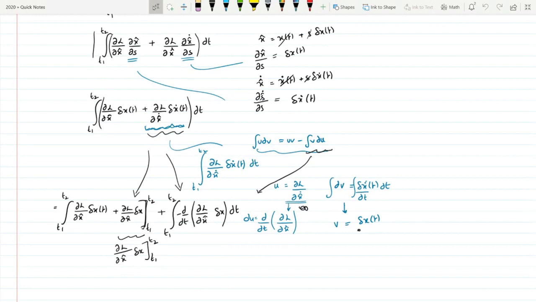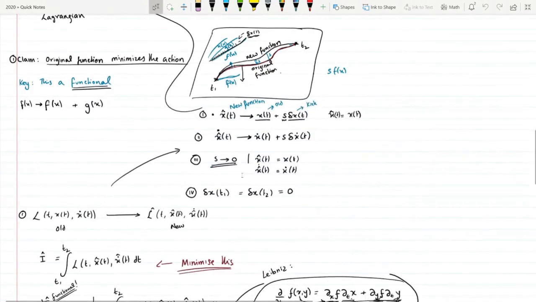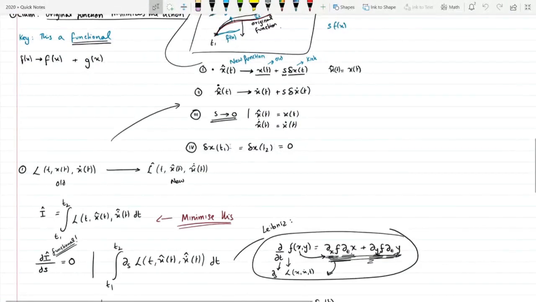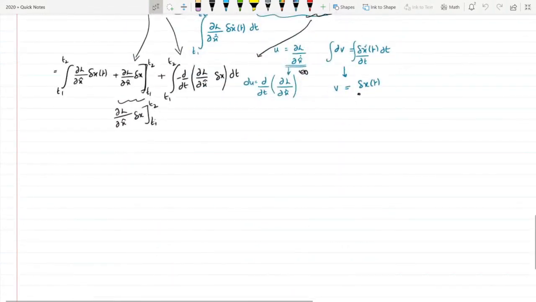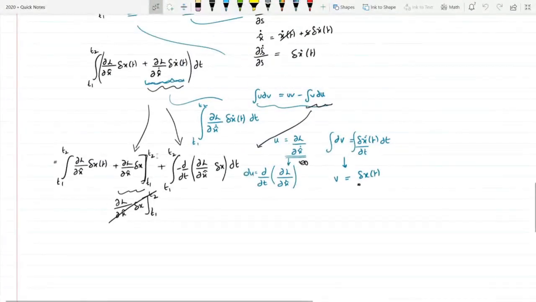If we go back to the third fundamental fact that we worked with here, we find that because of the boundary conditions, if you look at where my mouse is right now, this kick function vanishes at t1 and t2. So this thing goes to 0. Is this clear? Because this essentially is the kick function at t2 minus the kick function at t1, which are both 0.